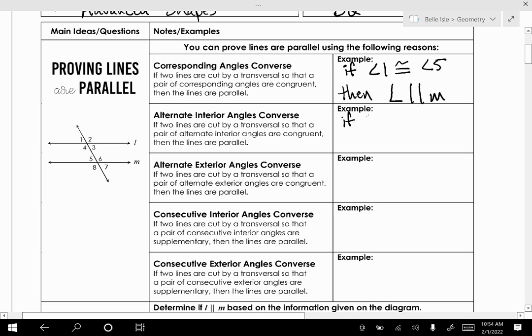So if angle 4 is congruent to, what is an alternate interior angle for angle 4? Angle 6. Then, here, I'll use my cursive L. Then L is parallel to M.